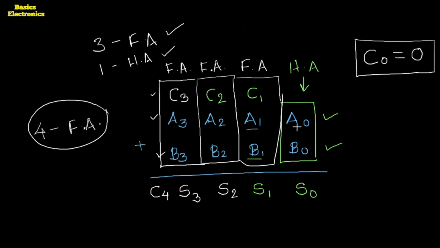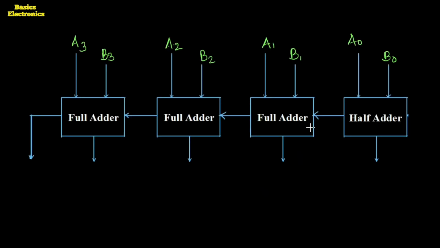Here the two numbers we have: the first number is the A number A3, A2, A1 and A0. Second number is B3, B2, B1 and B0. So here these inputs we applied. As we know, the half adder performs the addition of two binary bits. Here these two binary bits are A0 and B0.